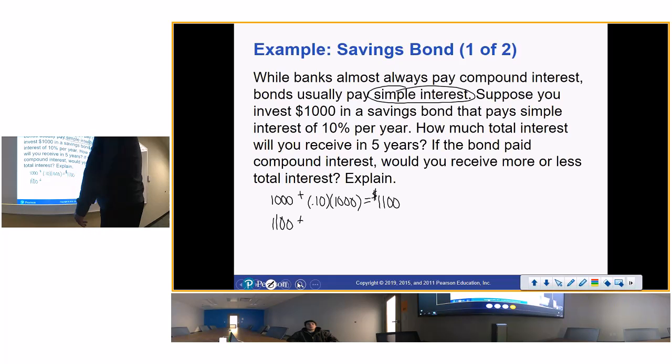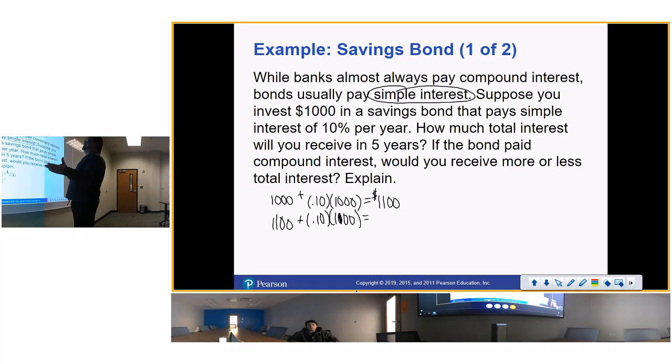So it's 0.10 times 1,100 is equal to what? What's 1,100 plus 110? Or somebody do the math. And how many years is the simple interest? 5 years. So we got to do this 5 times. 1,210. And then you do that 5 times.